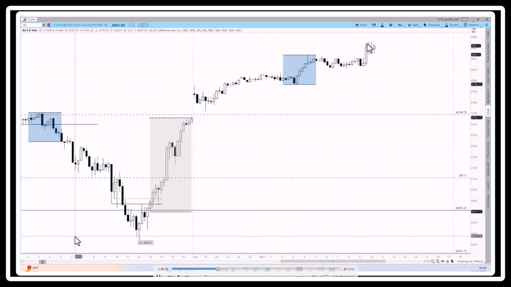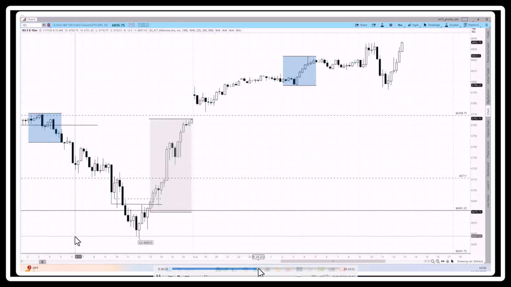So it tried to break the 930 high twice, failed, and then boom, it made a leg down. Wow. And it comes back right here.